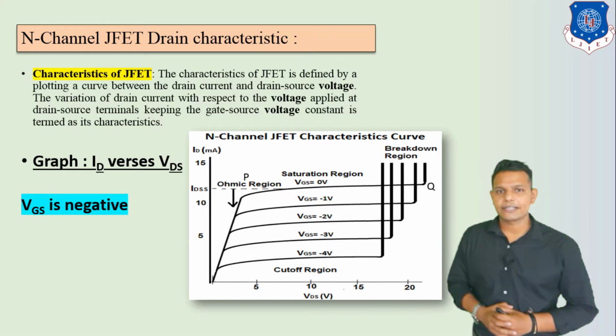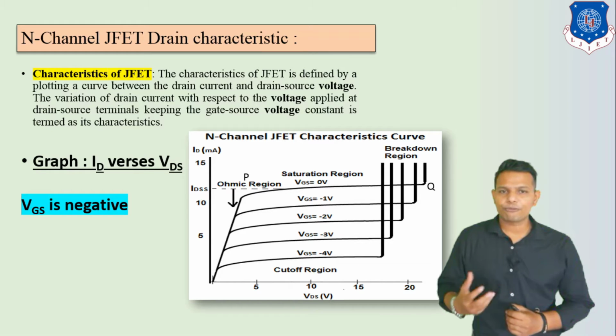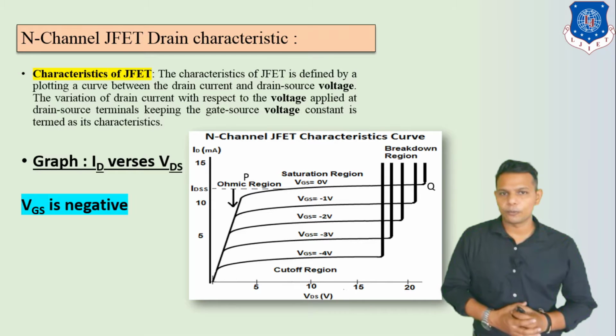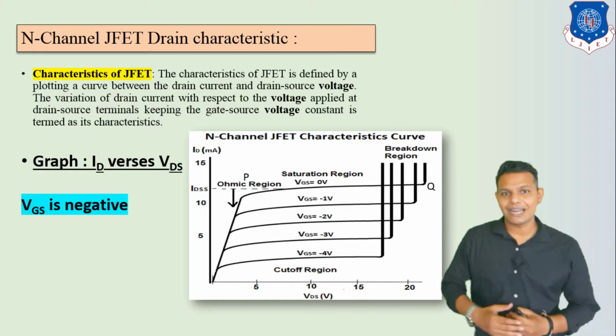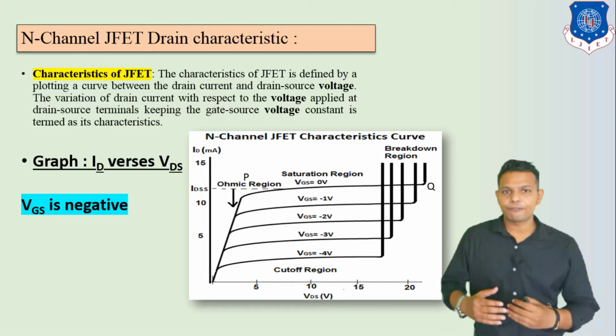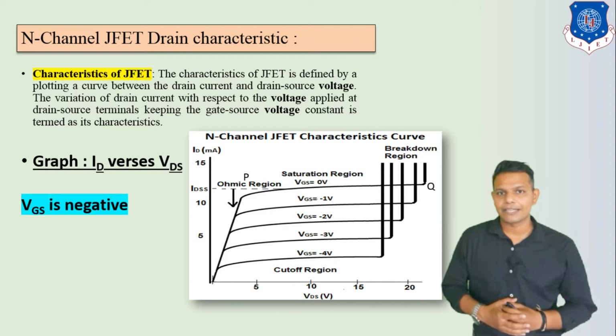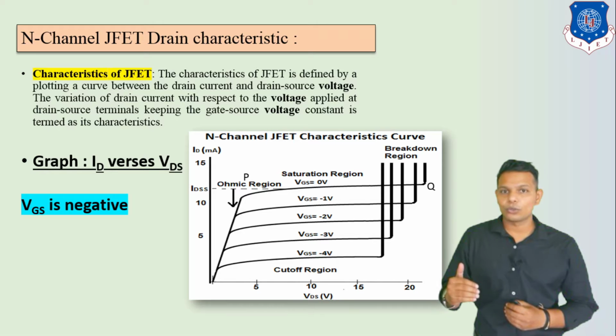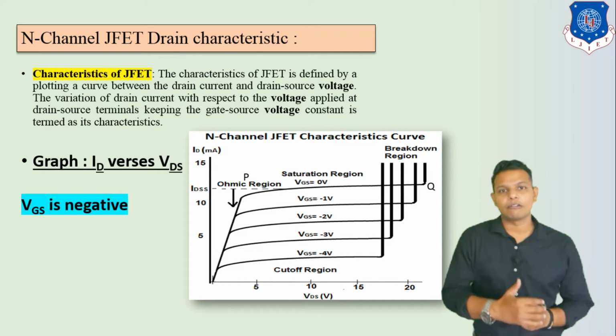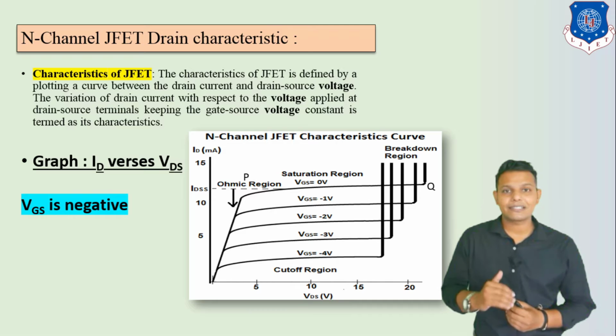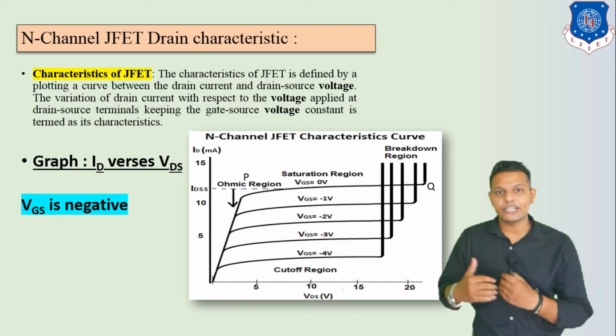Let us start with its characteristics. First, if we apply VGS equal to 0, as we discussed in our previous lecture, that if we short two terminals, the gate terminal and source terminal, that means VGS, it is also equivalent to VGS equal to 0. So at this time the depletion region is not penetrated in the N channel.